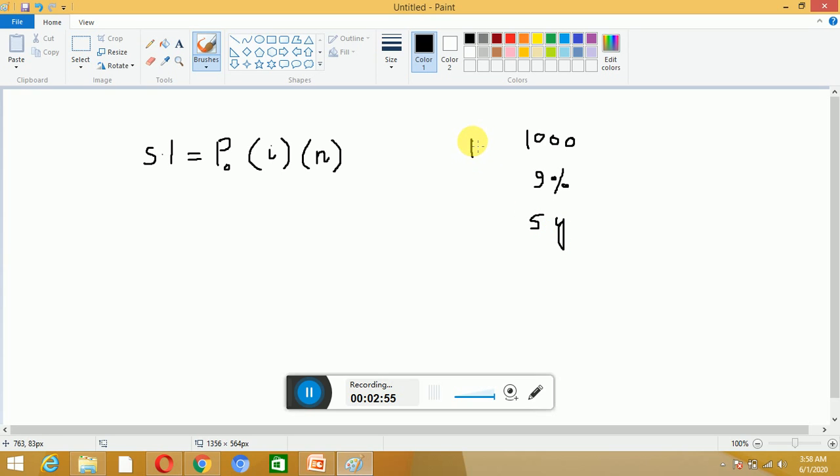So this will be our P naught. This will be our I, the rate of interest, and this is N, which is the number of years.